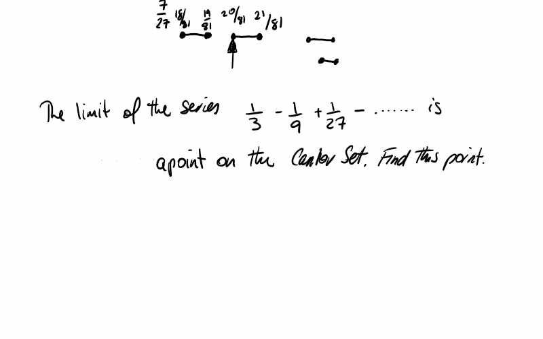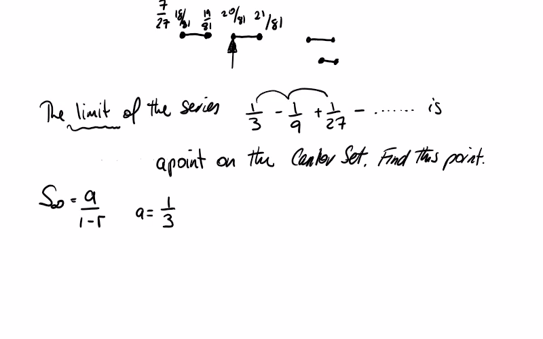So the last part of this question, you're told the limit of this series, a third minus a ninth plus a 27th minus and so on, is a point on the Cantor set. Find this point. Well, the limit is going to be the sum to infinity. So again, the limit is going to be a over 1 minus r. And what have we got here? A is a third, the first term. And the ratio, am I multiplying by minus a third every time?